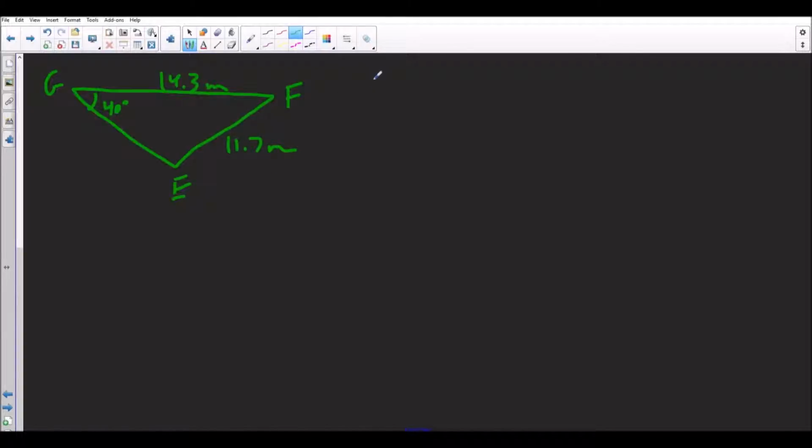All that we care about is that we know our formula is a over sine A is equal to b over sine B. We don't care what these letters are at all. All we're doing is looking at an angle and the side across from it.